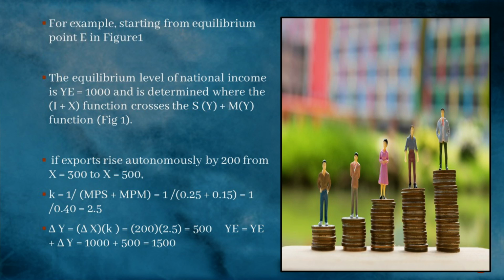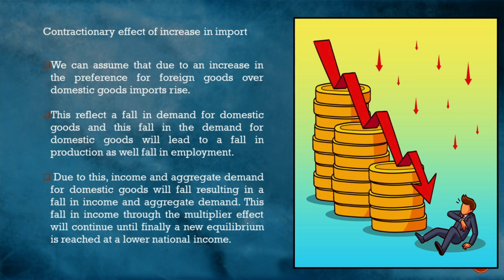Now we have another question added to this, which is about the change in the equilibrium income. Till now we have looked at the foreign trade multiplier as how the income of a nation expands when there is an increase in export.